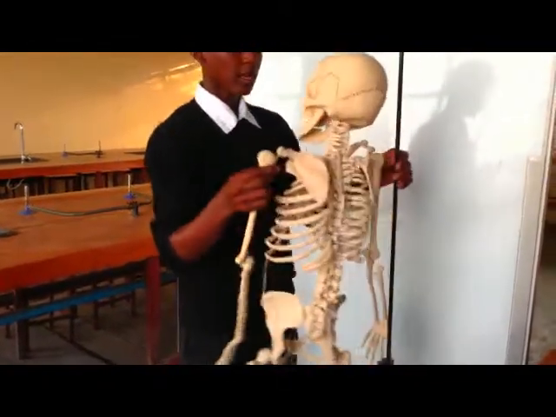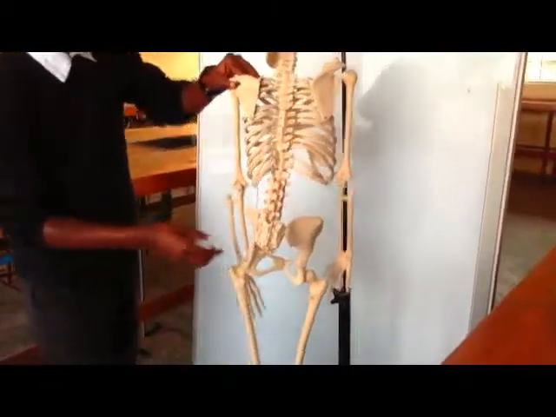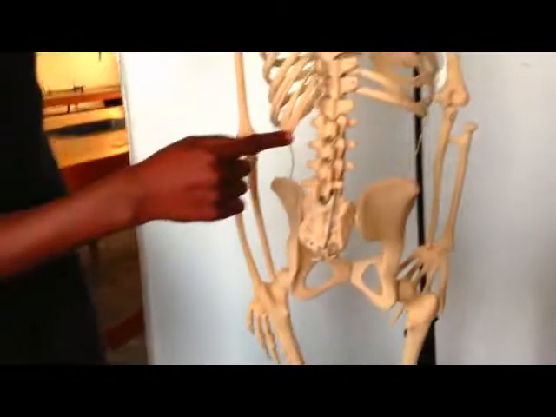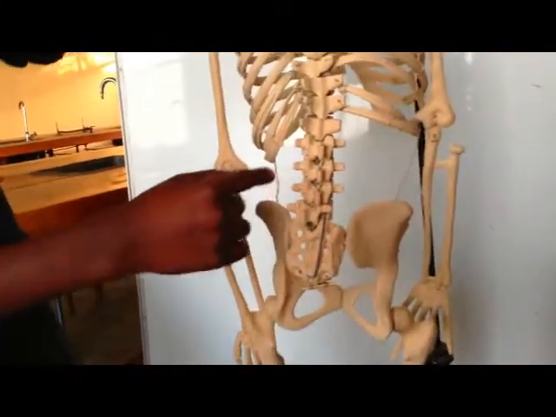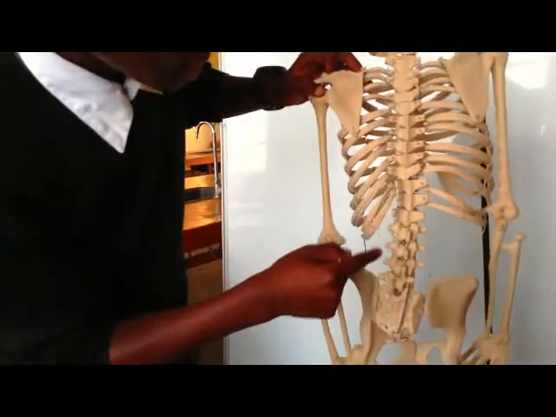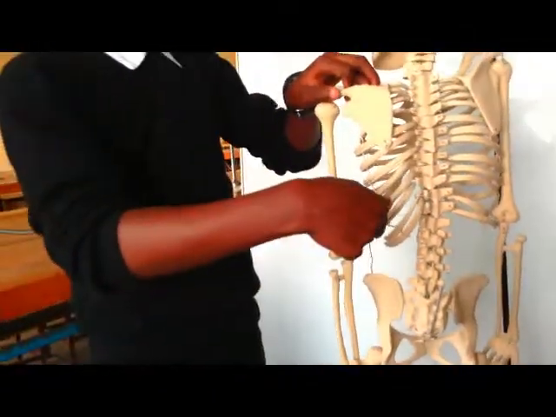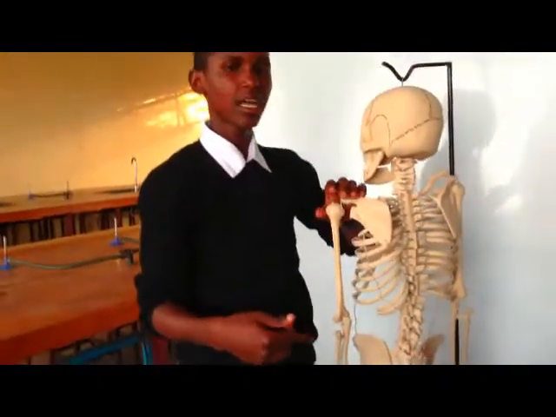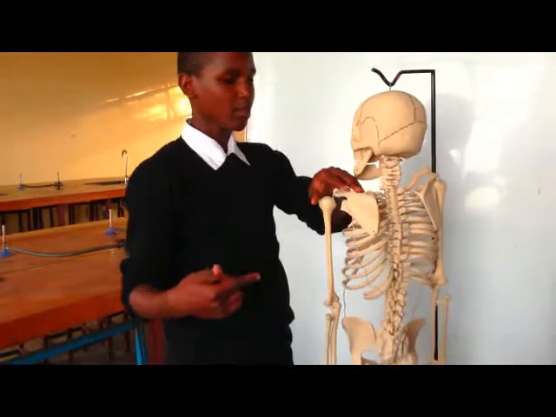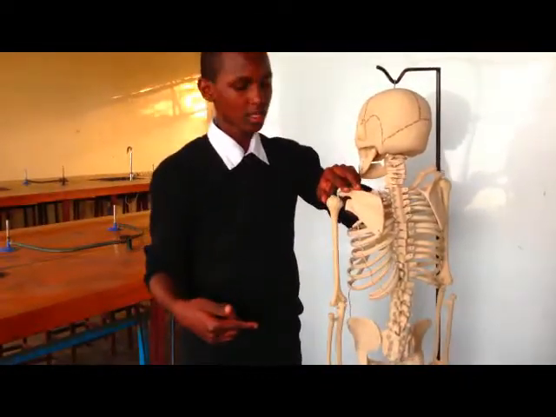We are going to another part, which is lumbar vertebrae. Lumbar vertebrae are made up of 5 vertebrae. As we can see, 1, 2, 3, 4, 5 lumbar vertebrae in human beings, while in animals like rabbits, there are 7 lumbar vertebrae, while rats have 6 lumbar vertebrae.